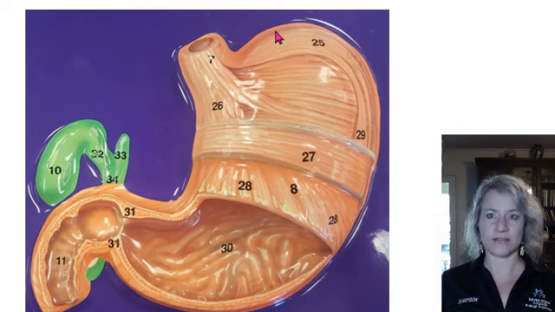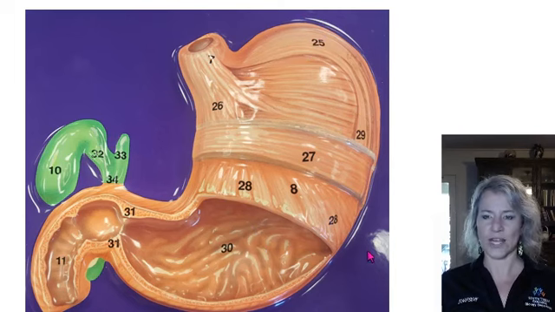Now, before I teach you about the greater and lesser omentum, let me teach you two little structures about the stomach. Here we have the stomach, and it has this greater curvature here and lesser curvature here.